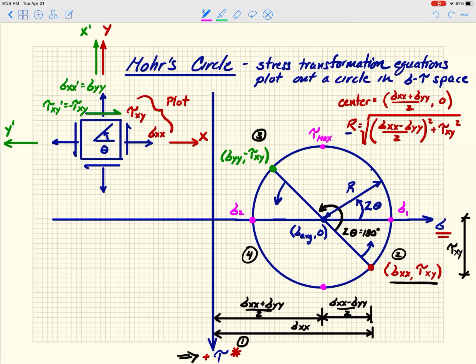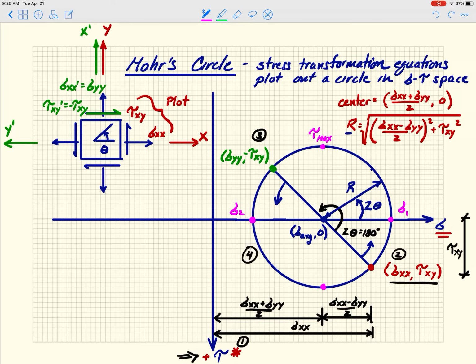The minus, again, is because we're doing this coordinate transformation to x prime, y prime, and that flips the sign of the shear. Hopefully you guys can see that. Once I connect those two, you see they cross the sigma axis at sigma average, comma 0. So that's the center of the circle.